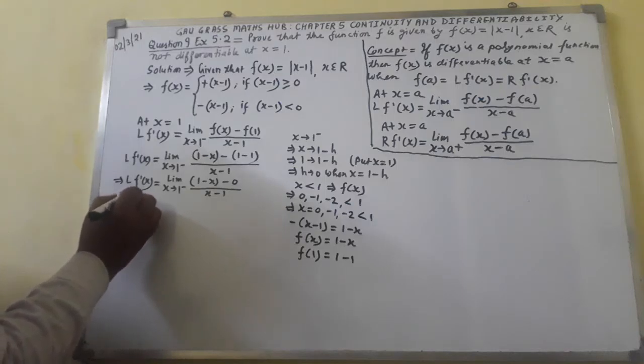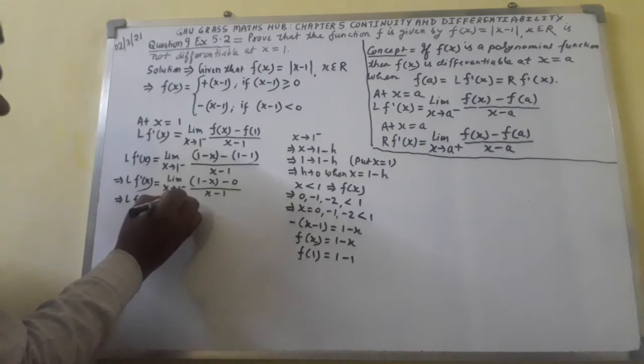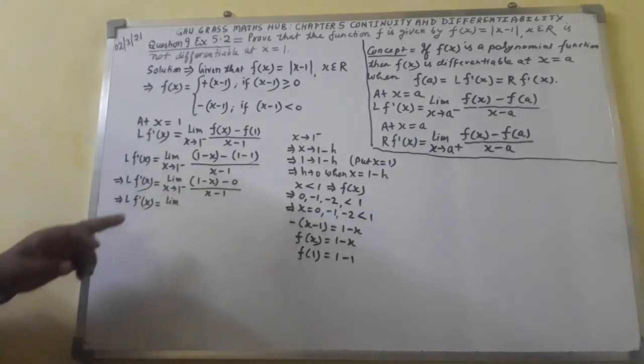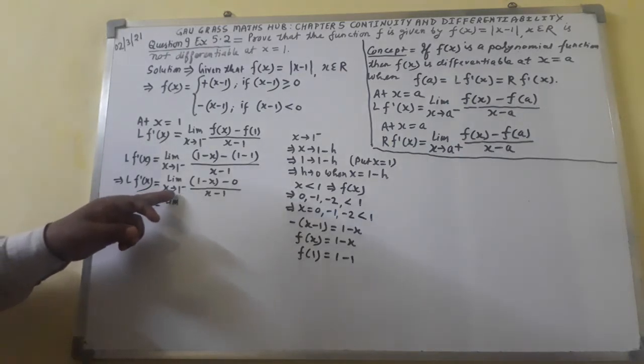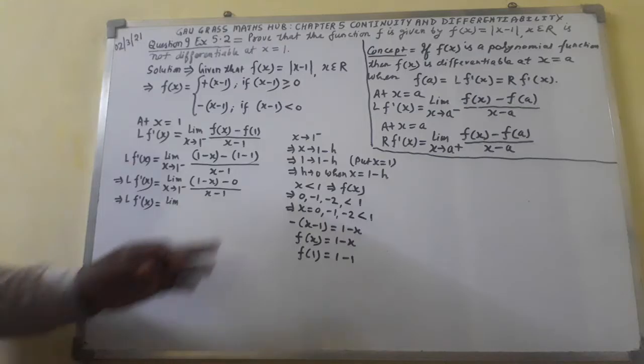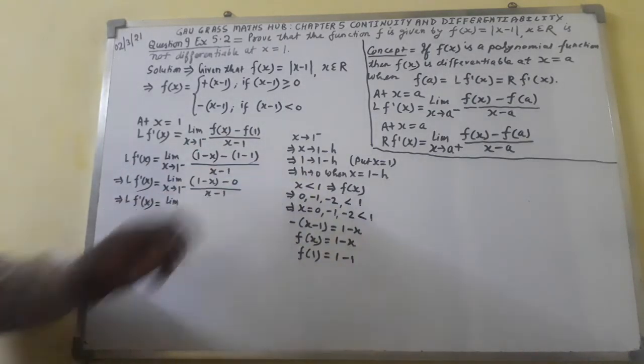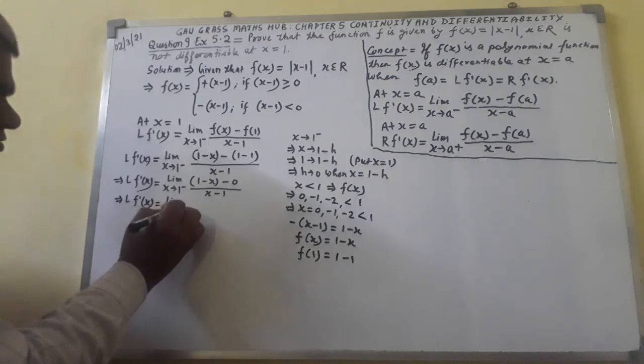Implied that left hand derivative of f of x comes out to be lim. Here x tends 1 of negative will be converted on basis of this one. So here I shall write h tends 0.